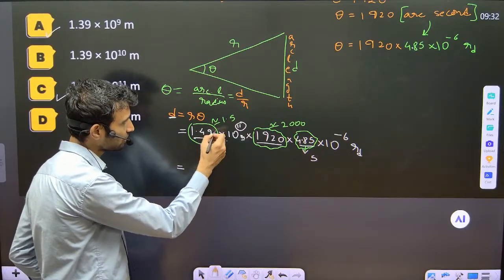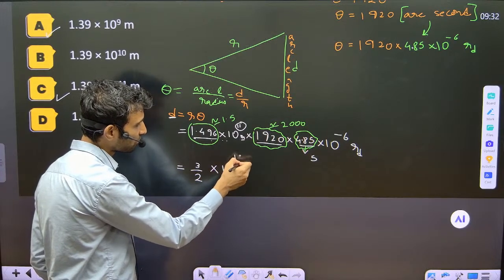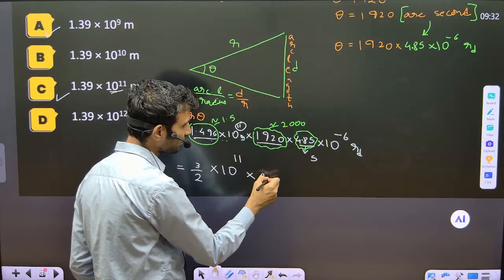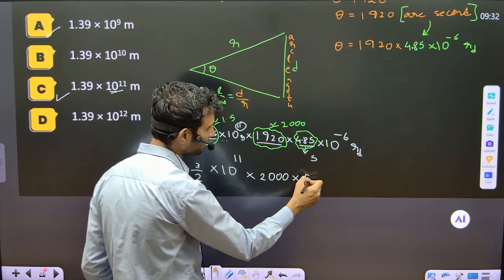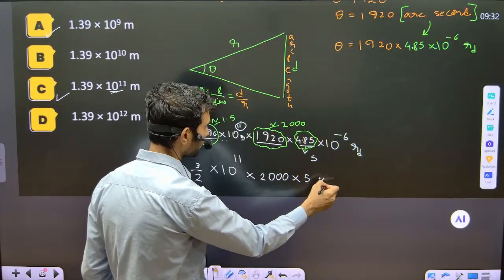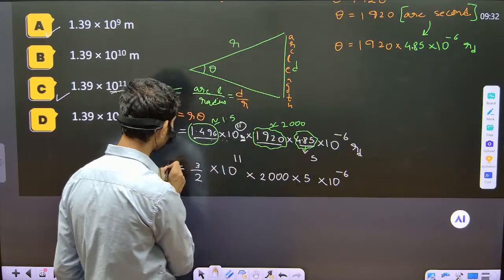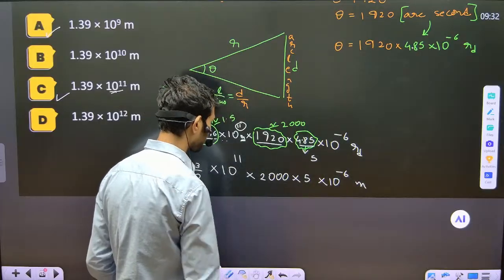See, this 1.5 can be written as 3 by 2 into 10 raised to the power 11, into 1920 can be written as 2000, into 4.85 can be written as 5, into 10 raised to the power minus 6. And what will be the unit, guys? Since you are finding D, the unit will be meter.